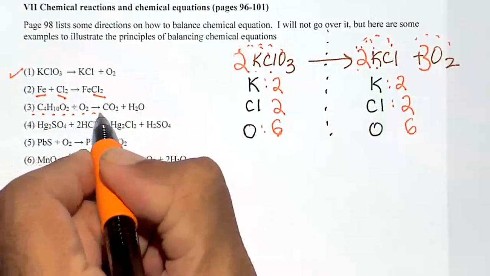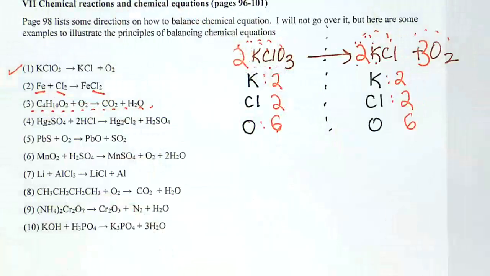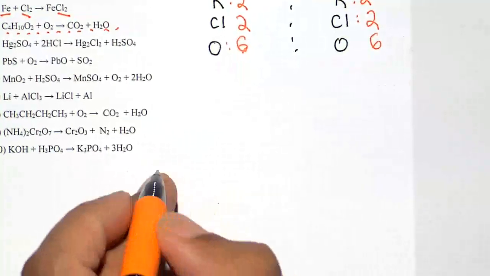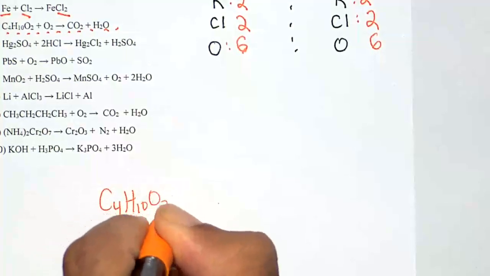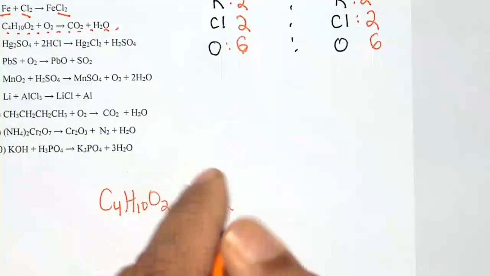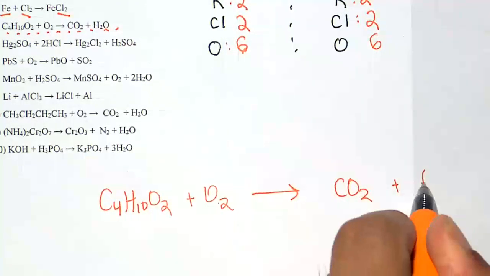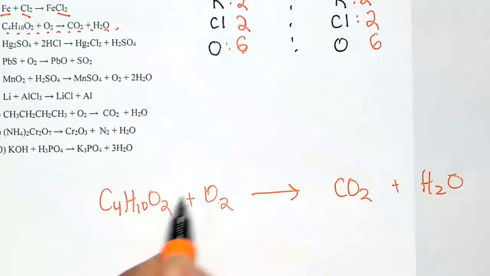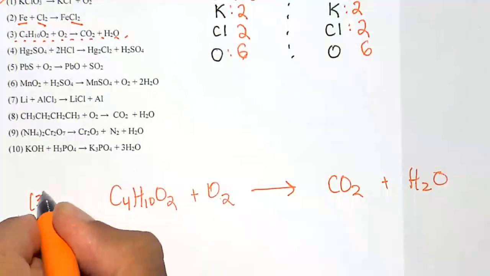All right, how about this one here? Let's do a couple more and then I'll give you the answers in our next meeting. C4H10O2 plus oxygen goes to CO2 plus H2O. This is number 3 here.